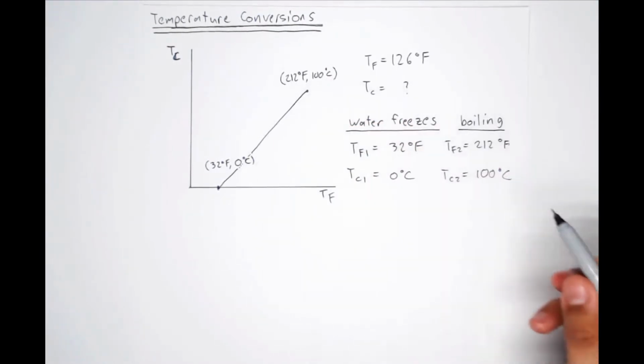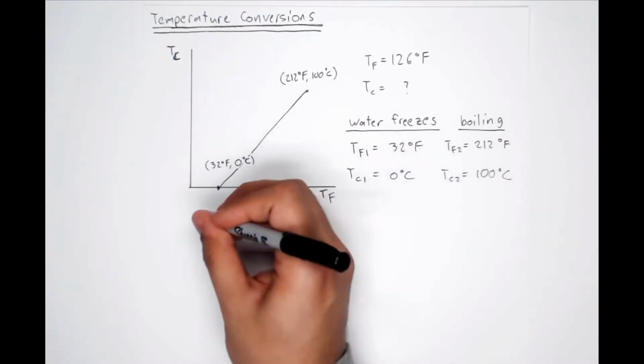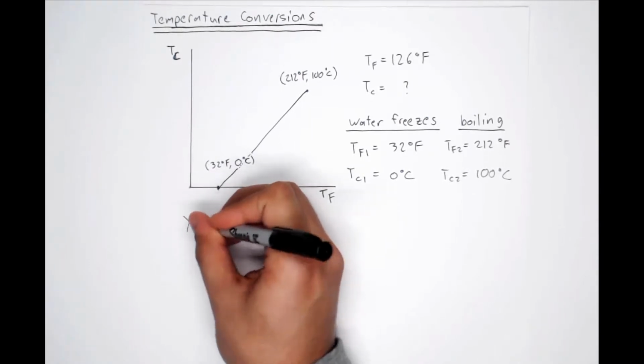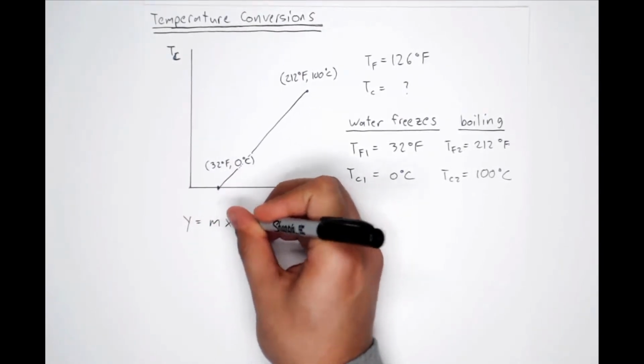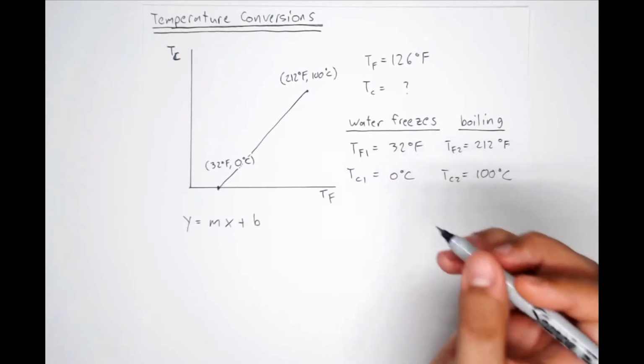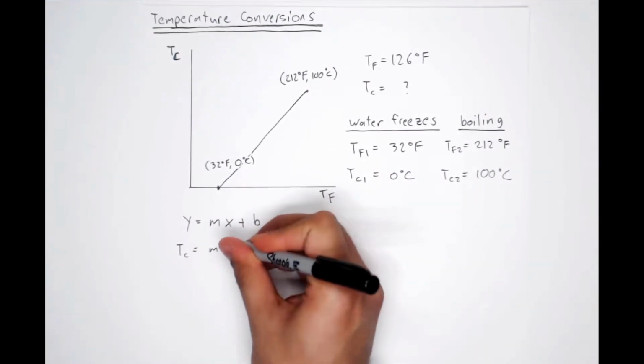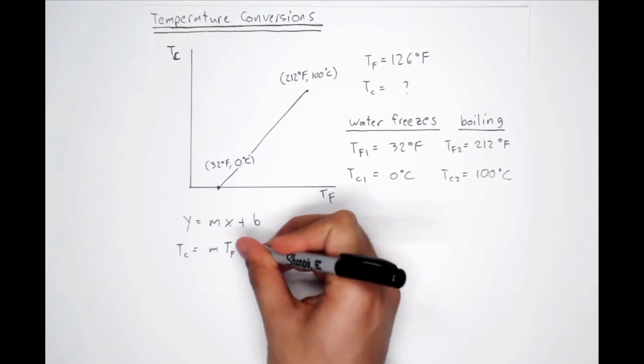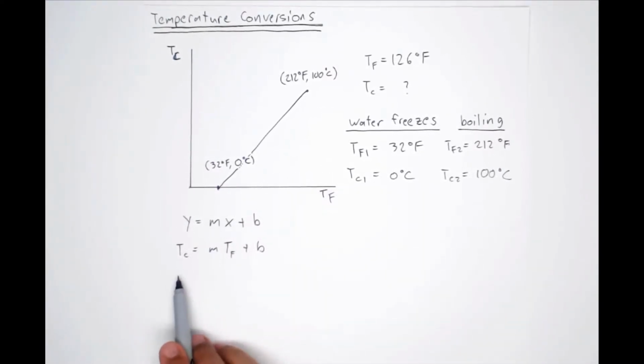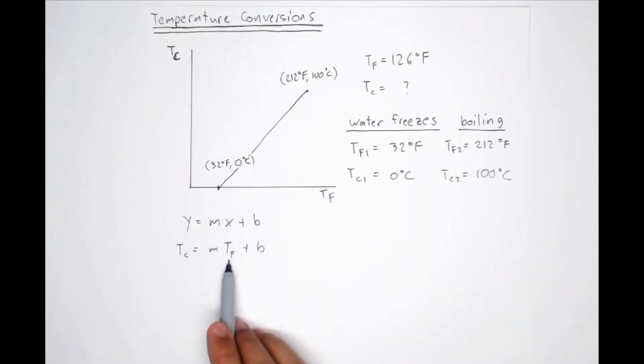So we now need to find the equation of this line. And we know that any linear line can be expressed as y equals mx plus b. In our particular case here, the y is temperature in Celsius, so we end up with an expression like this: Celsius temperature is equal to some unknown slope times Fahrenheit plus a y-intercept b. So what we can do is find the slope m.